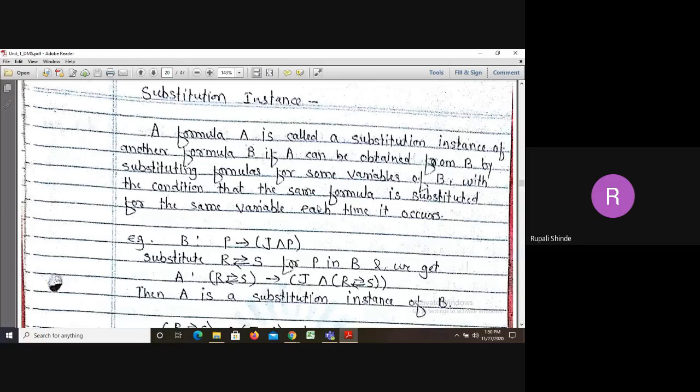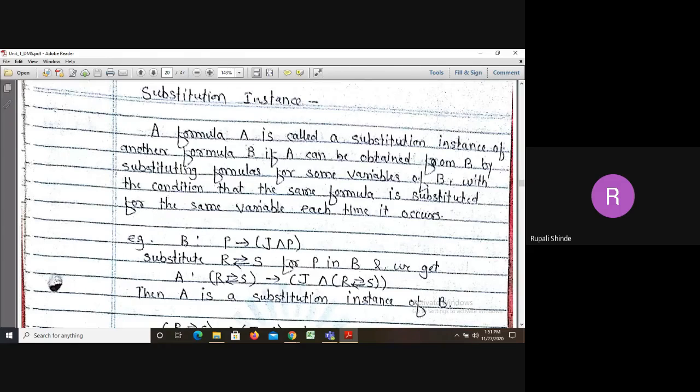If that variable occurred many times, then the same variable should be replaced by the same formula. This is the condition. Then only A is a substitution instance of B.